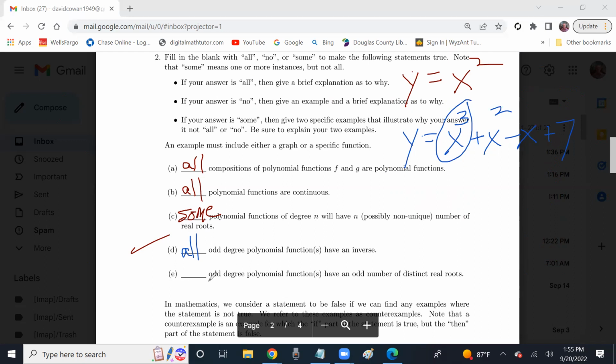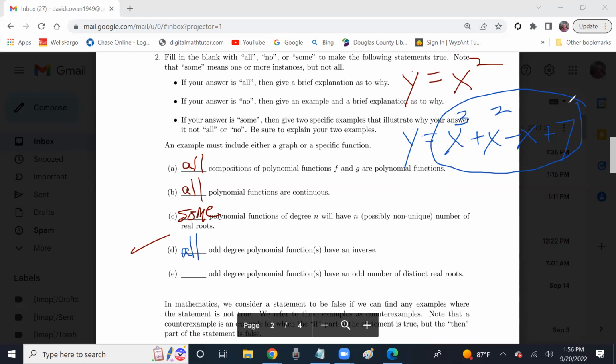And then for E, where it says an odd degree polynomial has an odd number of distinct real roots, I believe that is also always true. The one thing about that cubic is that at most it can have 3 solutions.